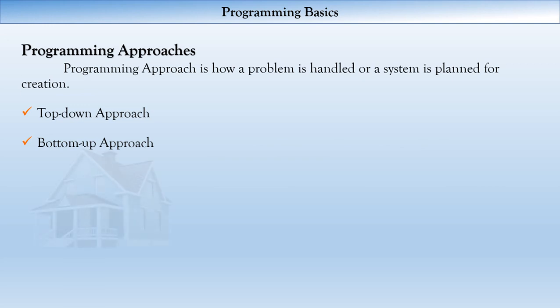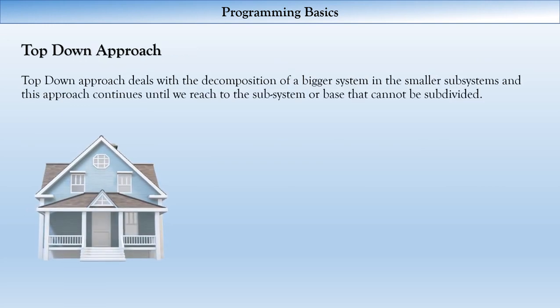There are two approaches. One is top-down approach and other is bottom-up approach. The top-down approach deals with the decomposition of a bigger system into the smaller subsystems, and this approach continues the same procedure until we reach the subsystem or base that cannot be subdivided.